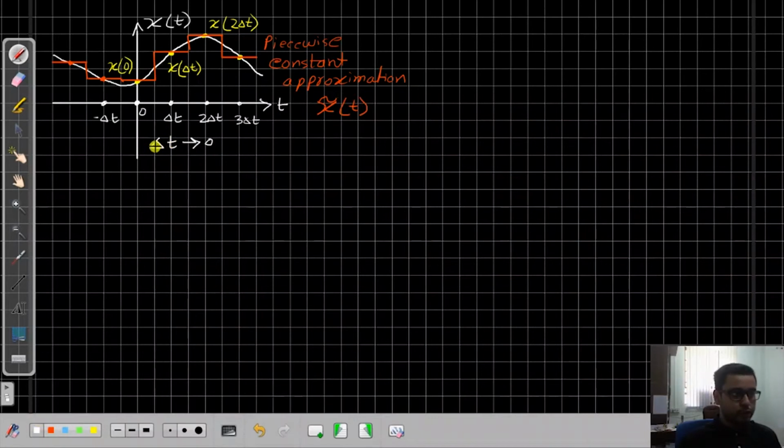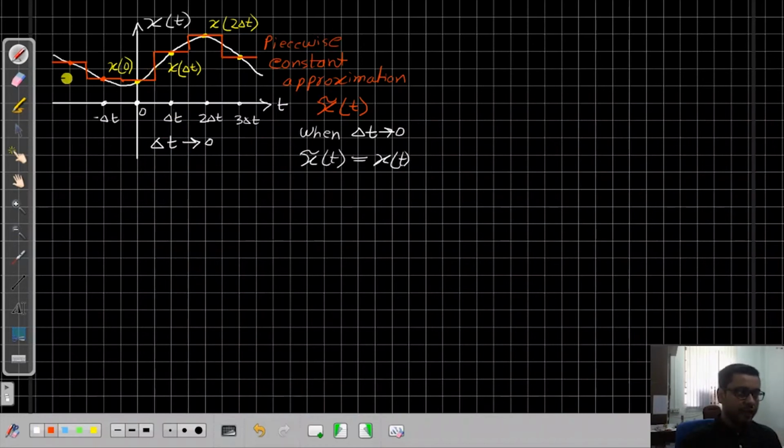Now, if you choose delta t to be very small, that is when delta t is tending to 0, then x tilde(t) and x(t) are the same. There will be no difference between this approximation and the original signal.